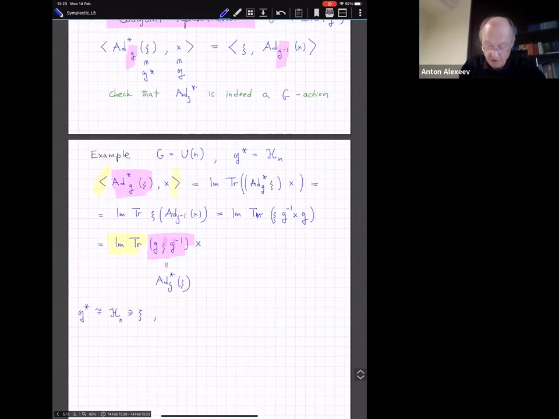And we would like to look at the orbit of this matrix under the coadjoint action. So this goes under the name of a coadjoint orbit. Now, what is this coadjoint orbit in this case, right? These are all conjugates of Xi by unitary matrices.